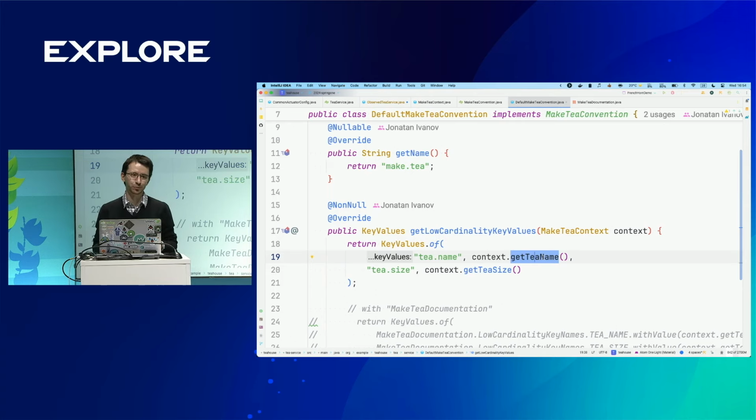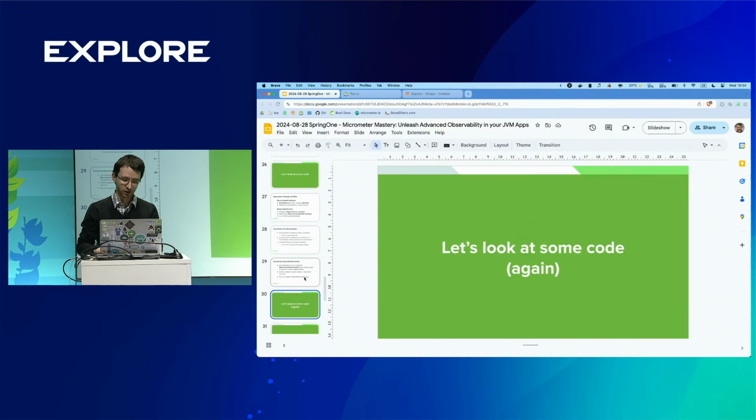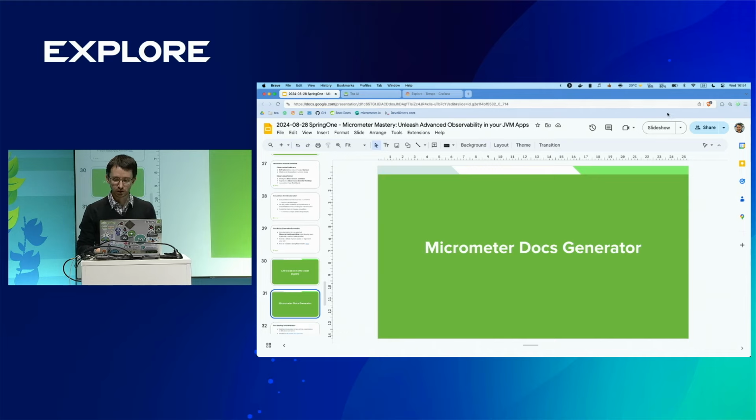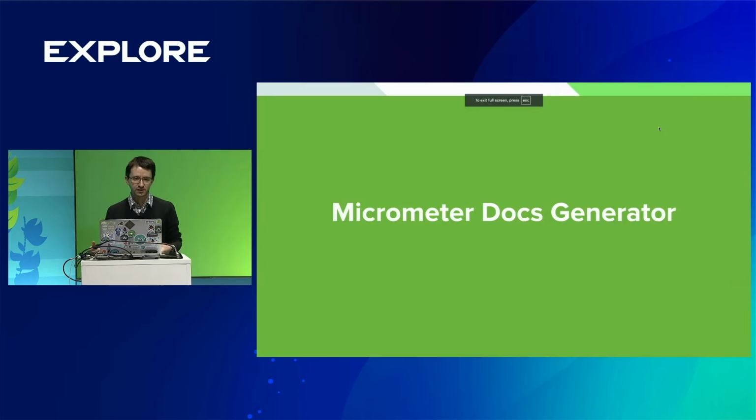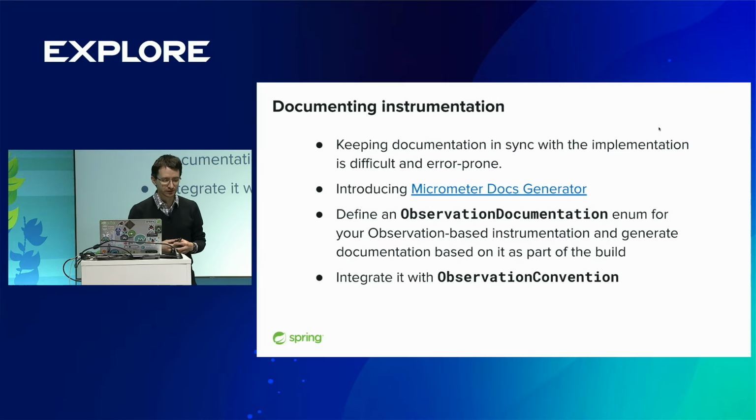We don't really like to put everything in a hash map and get it out by strings. So this is good, and you can customize your observations with it. But there is also a problem you might hit if you start instrumenting components.